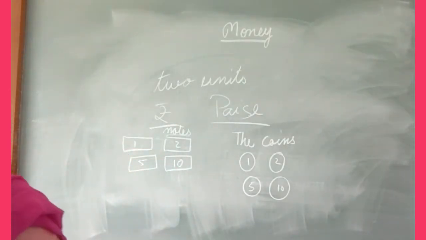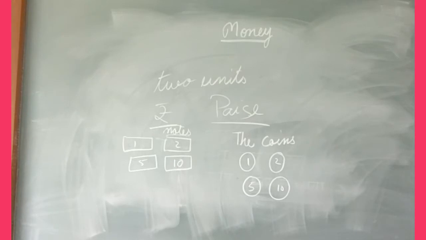So it is clear to you all, coins and notes. Indian currency is having 2 units. What are the 2 units? One is rupees and the other one is paisa.